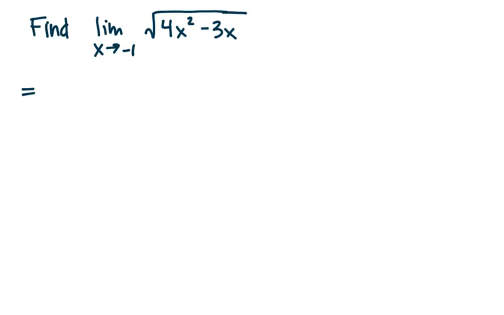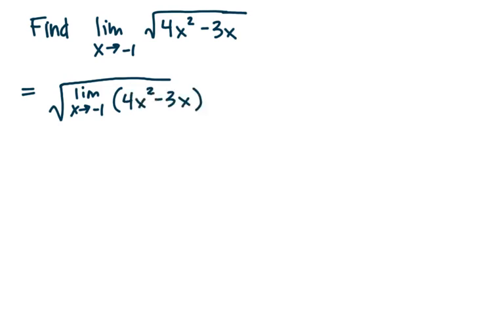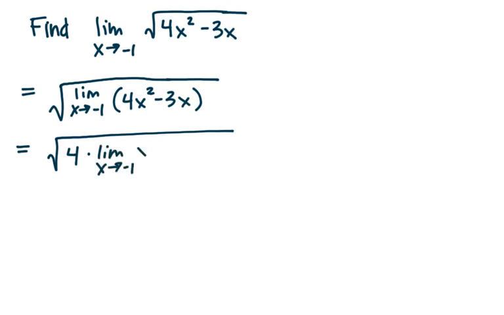So this would be the same. The limit of a square root is the square root of the limit. So I've got the limit as x approaches negative 1 of 4x squared minus 3x. Now I can apply my sum and difference rule as well as my constant multiple rule. So this is the same as 4 times the limit as x goes to negative 1 of x squared, minus 3 times the limit as x goes to negative 1 of x.